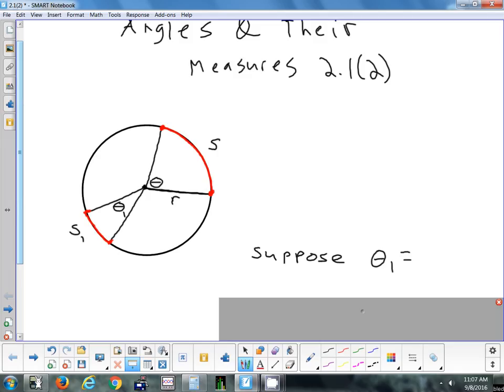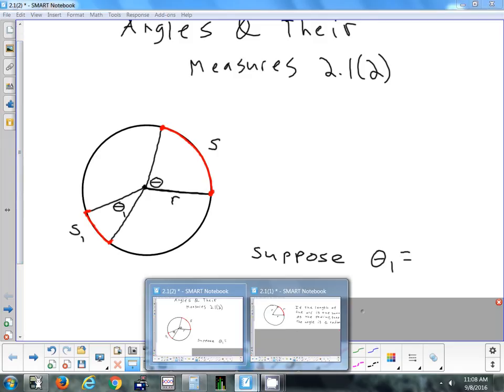And if I let it equal this number, I'll automatically know the size of this arc based on something we did yesterday. If this theta 1 is a special number, the size of this arc will automatically be the same as something else. And that's going to be our starting point. Yeah. Okay, what we did yesterday.